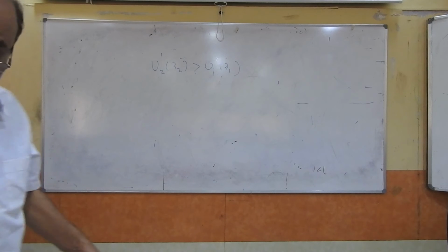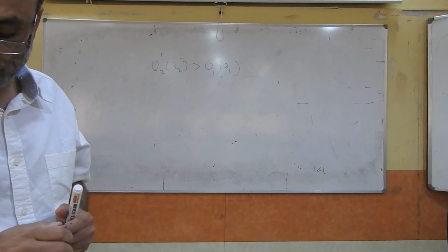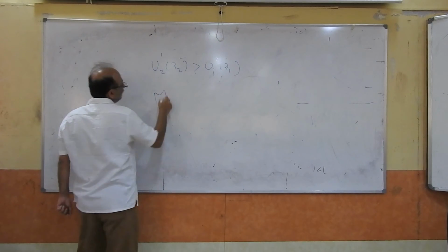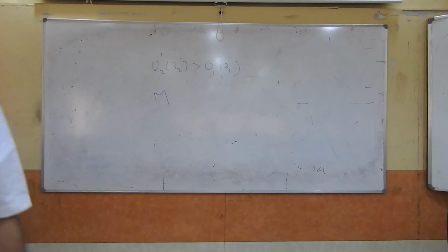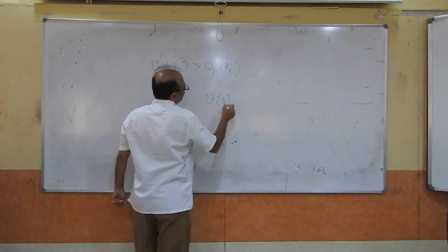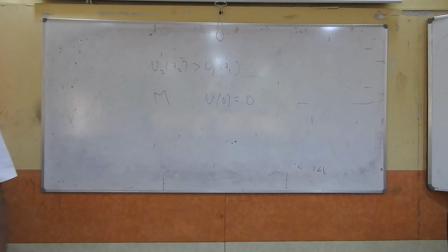This is the first assumption that we are making. All the buyers have an identical income of M. We'll assume that if you don't consume anything, you get zero utility.